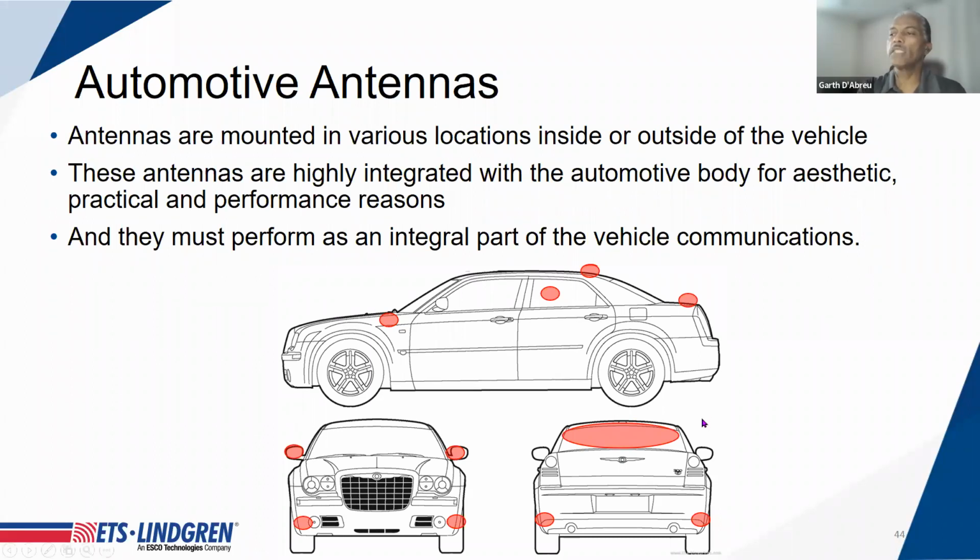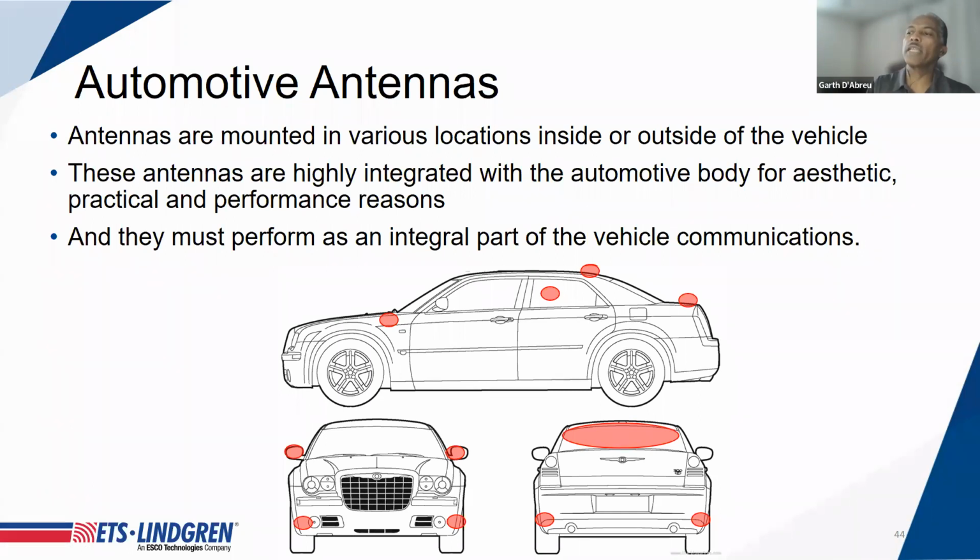And in a lot of cases, it's a compromise of aesthetics and function. You want the antenna to work because you have to maintain the propagation characteristics, but you also want the vehicle to be attractive to users. You don't want large antennas sticking out all over the place. So it's often a challenge to balance these two needs and do so adequately.